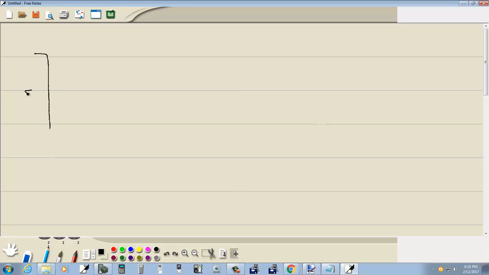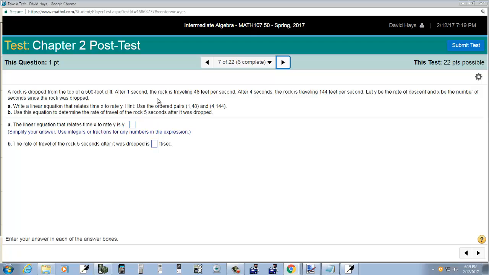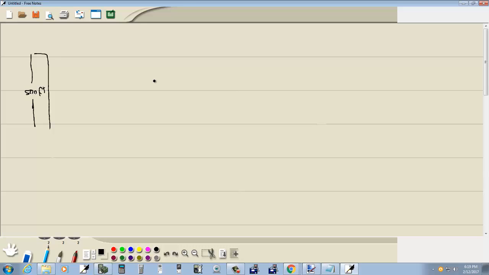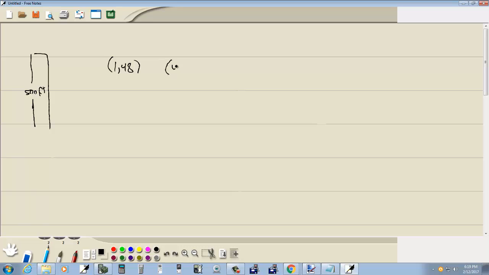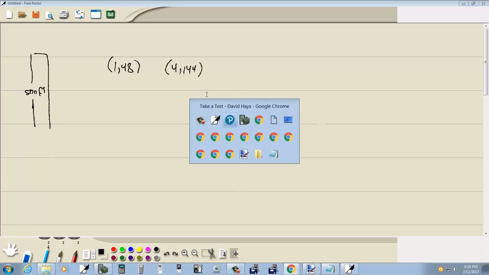After 1 second, the rock is traveling 48 feet per second. Let y be the rate of descent and x be the number of seconds. Hint, use the ordered pairs. I'm not very good with physics, so I was hoping it would give me a hint: 1, 48 and 4, 144.